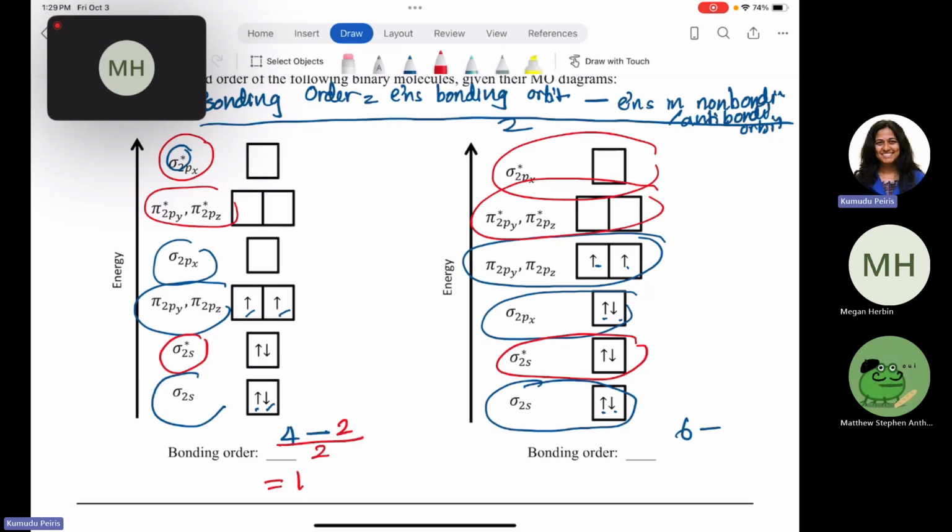So 1, 2. There are only two electrons filled into these anti-bonding orbitals. So we divide by 2 and the answer will be 2. The bonding order will be 2. That means the molecule has a double bond between those two atoms.